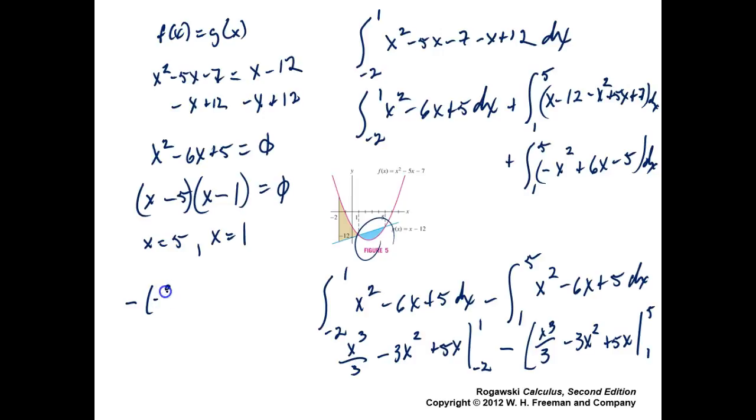So minus a negative 8/3, okay? And then it's going to be a plus, you're doing the minus 2. I'm changing the signs because it's negating, right?